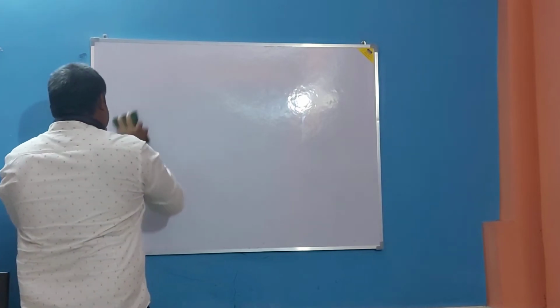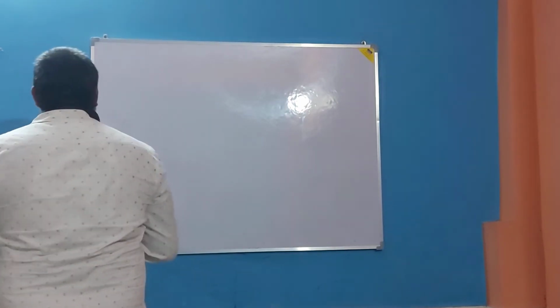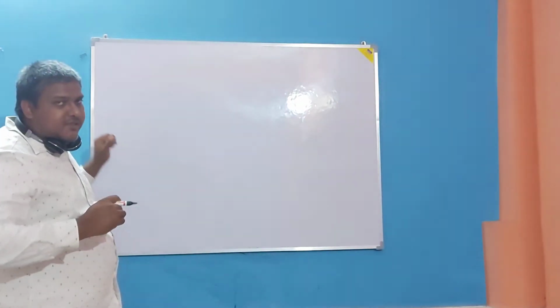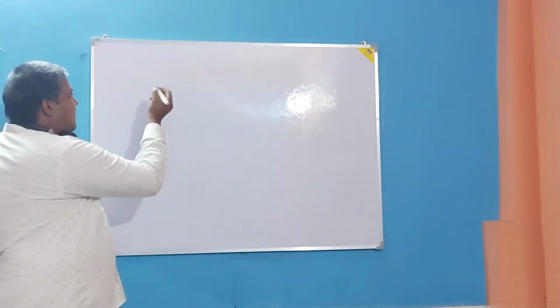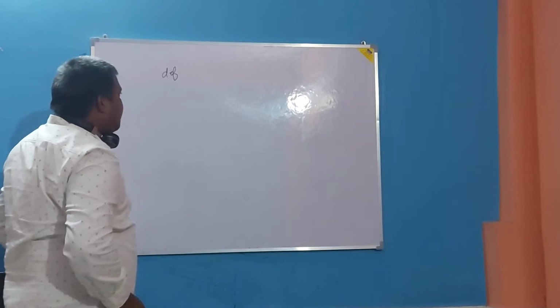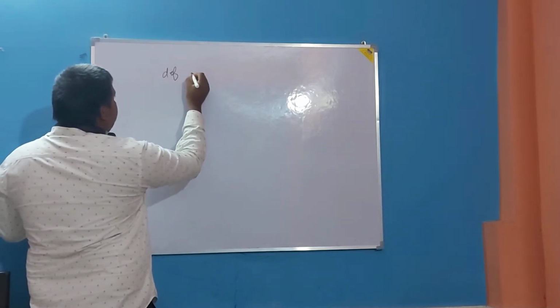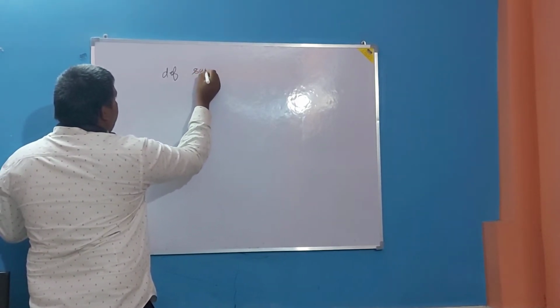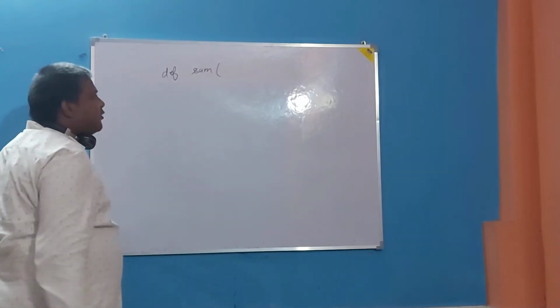So we will start with how to define functions with parameters. If the function has parameters, we will define them. Suppose the function name is sum, and this function is taking two parameters.